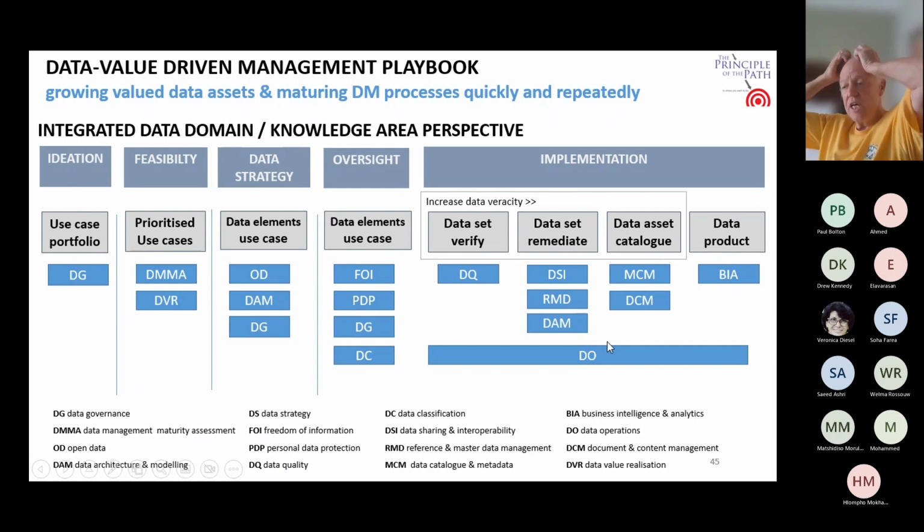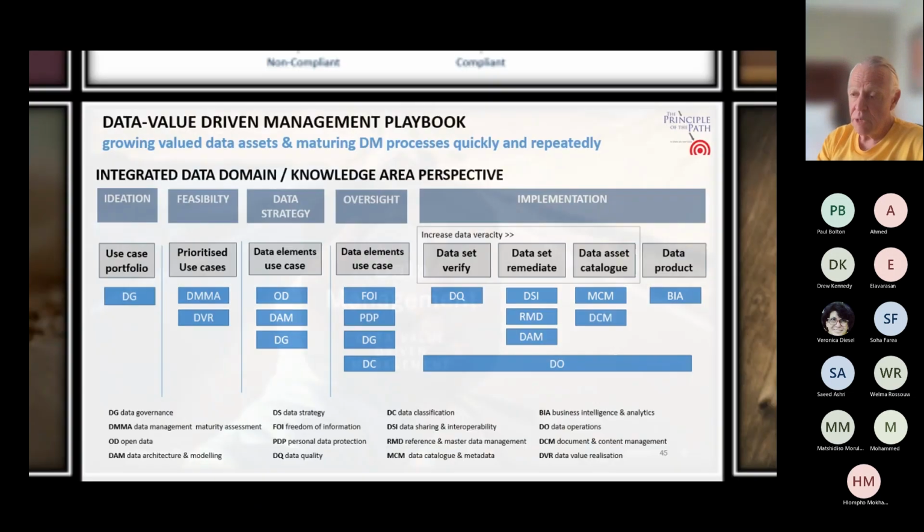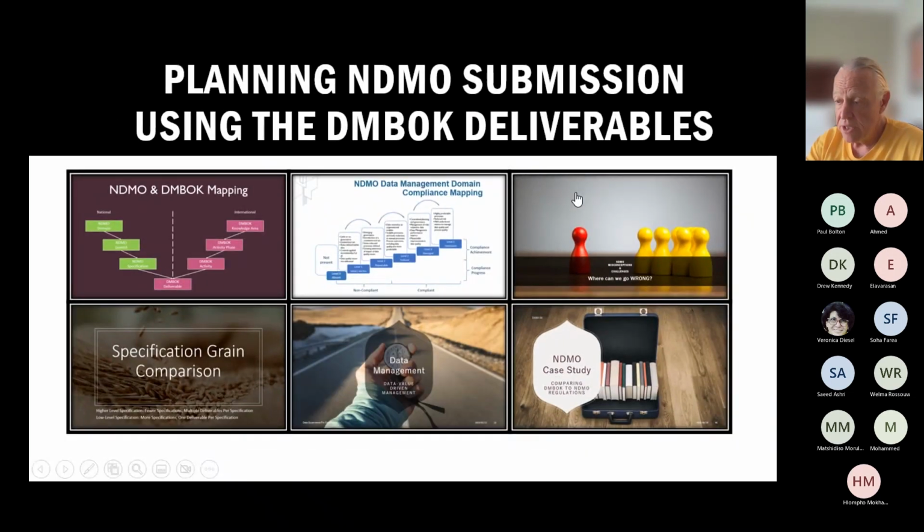So this is just a flow that you can use to implement this on an ongoing basis. In some cases, we suggest that you can be delivering the use cases at the same time as your submissions and get value out of it as well.